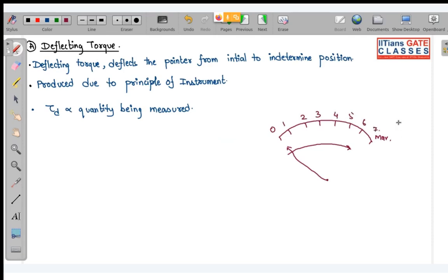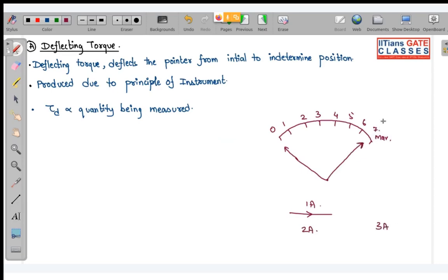Now, if 1 ampere current is flowing and only deflecting torque is present, immediately this pointer will move to 7. Immediately, max value. If 2 ampere is flowing, still this will go to 7. If 3 ampere is flowing, still it will go to 7.